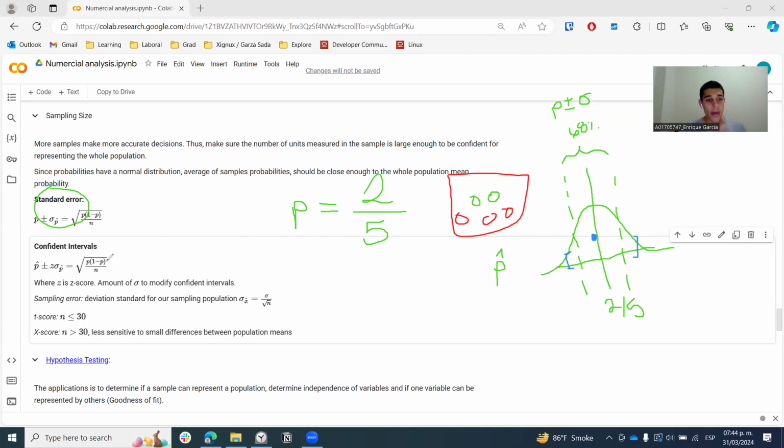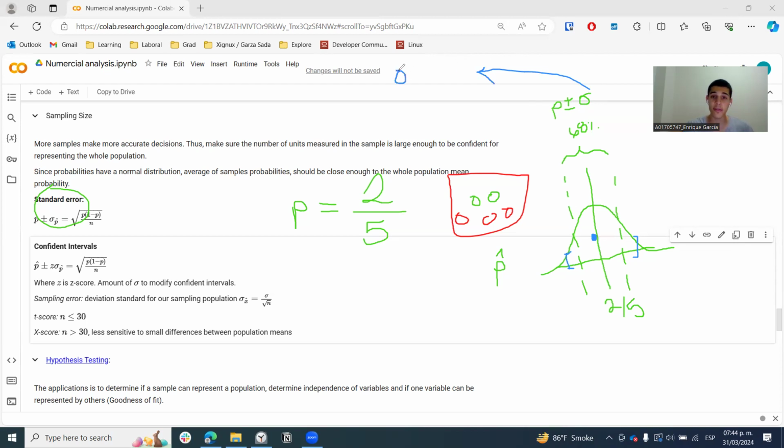This confidence interval will actually depend on the amount of population that we have. And why does that depend on our population? Well, that is basically based on the standard deviation.